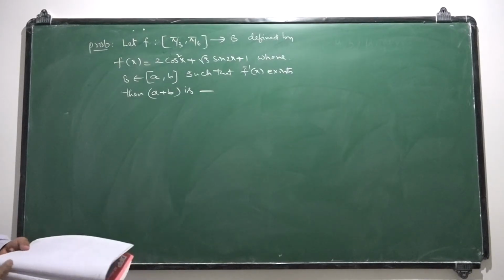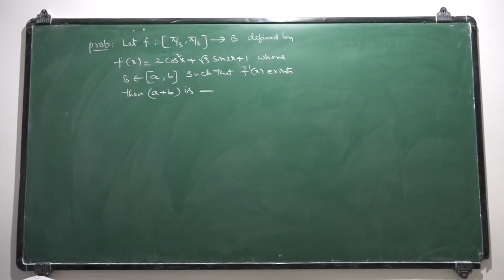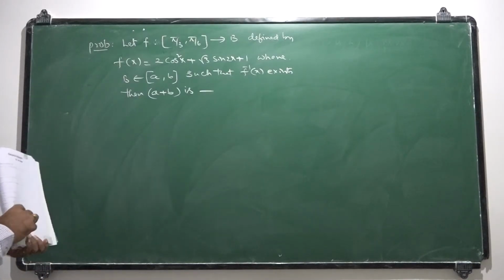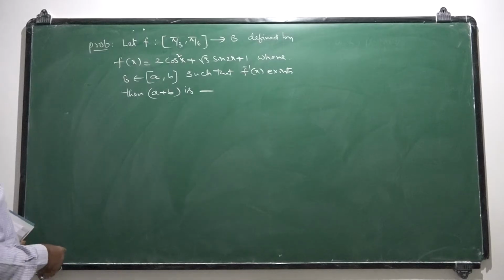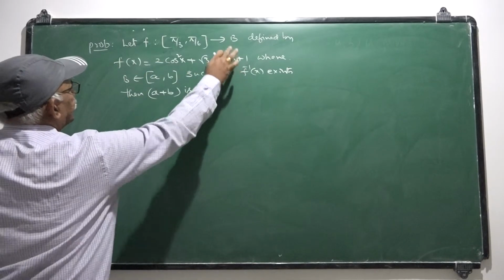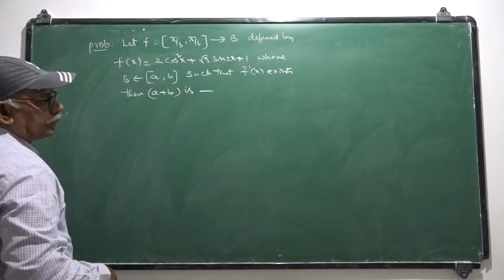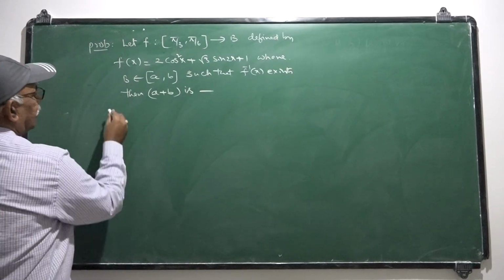f defined from pi by 3 to pi by 6 to b, so that f(x) is 2 cos square x plus root 3 sin 2x plus 1, where b is the codomain a comma b, so that f inverse x exists. Then a plus b. Once f inverse exists, this codomain is the range of f itself.